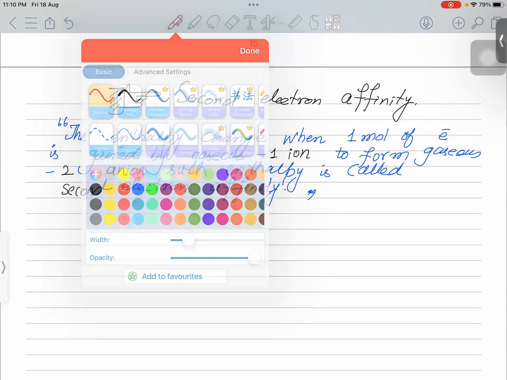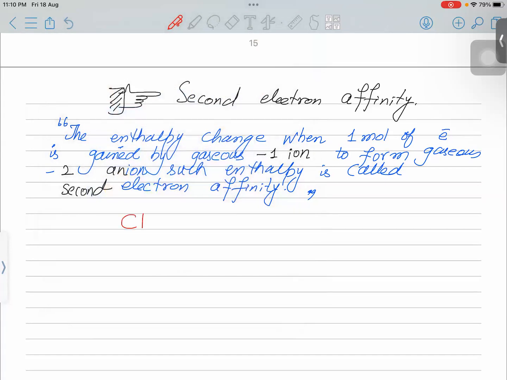Now, example. This is chlorine, gaseous. Now, 2 electrons are given. It becomes Cl minus 2 gaseous. Is it second electron affinity? No, sir. It has to be Cl minus 1, right?